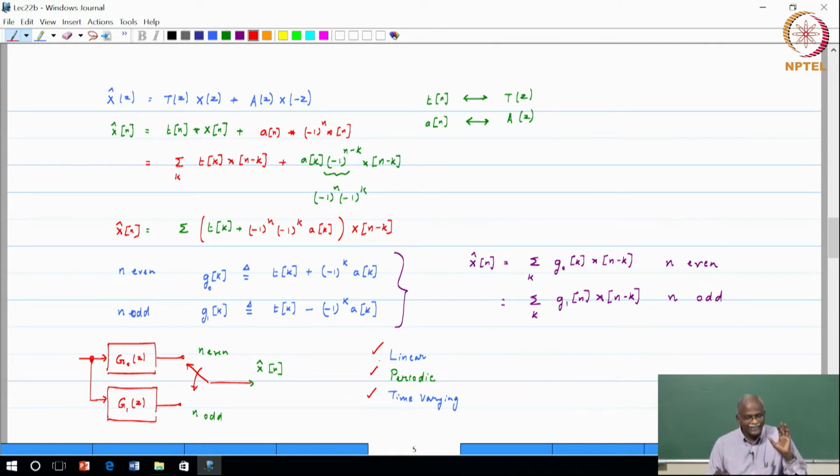So, this input output two channel system, where we talked about a maximally decimated system, is described in the following way: it is linear, periodic and time varying. We were used to LTI, linear time invariant, but now this has three components: linear, periodic and time varying.